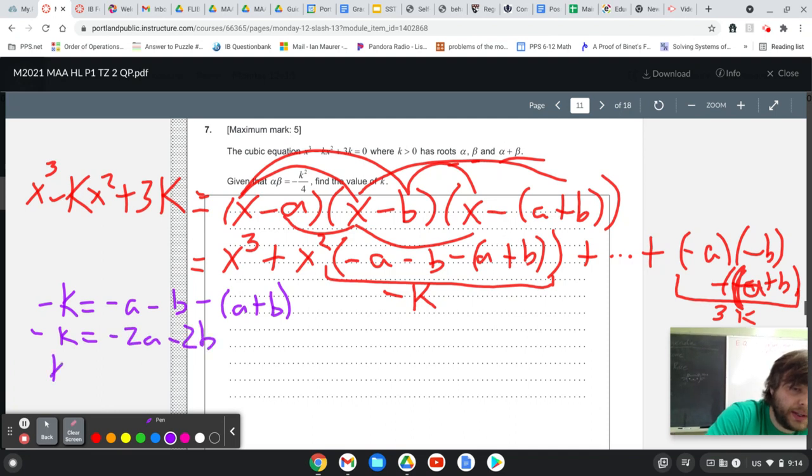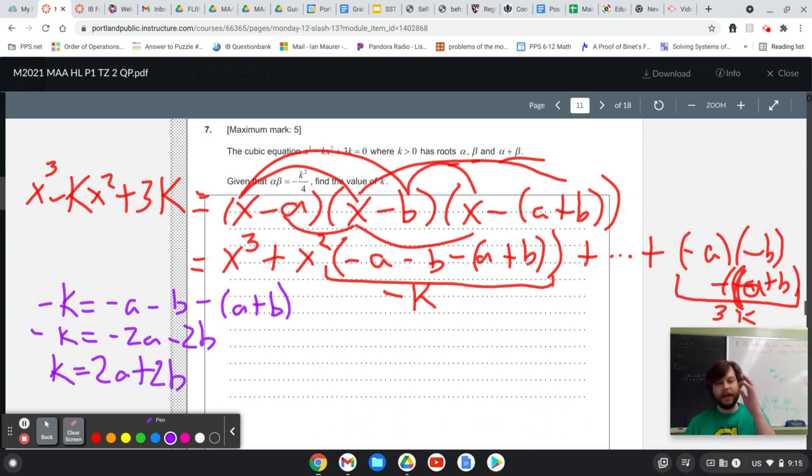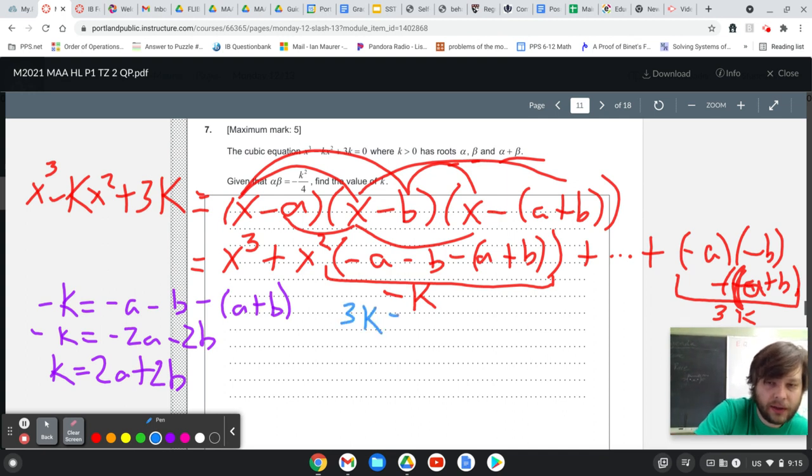And we can make it positive, so k equals 2a plus 2b. Okay? Then let's use blue for our other system of equations with the constant. And the constant tells us that we have 3k is equal to negative a times negative b times negative (a plus b).